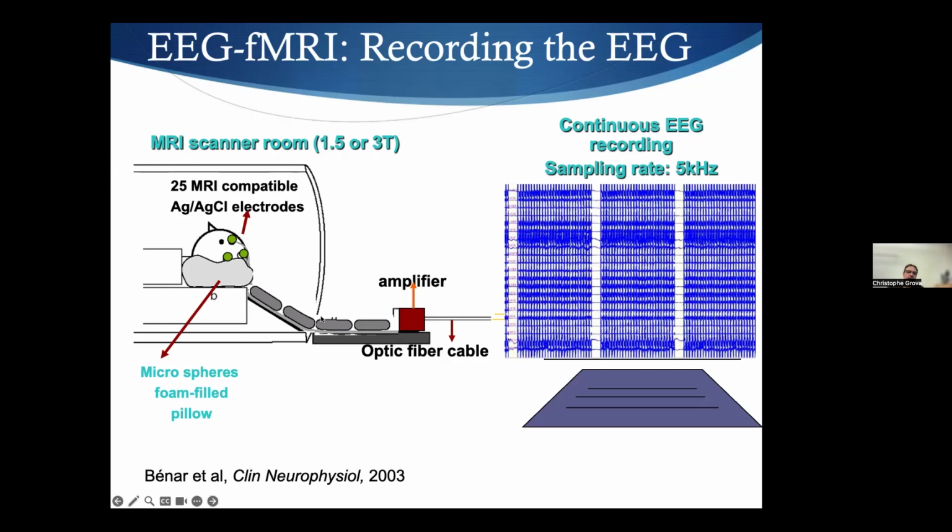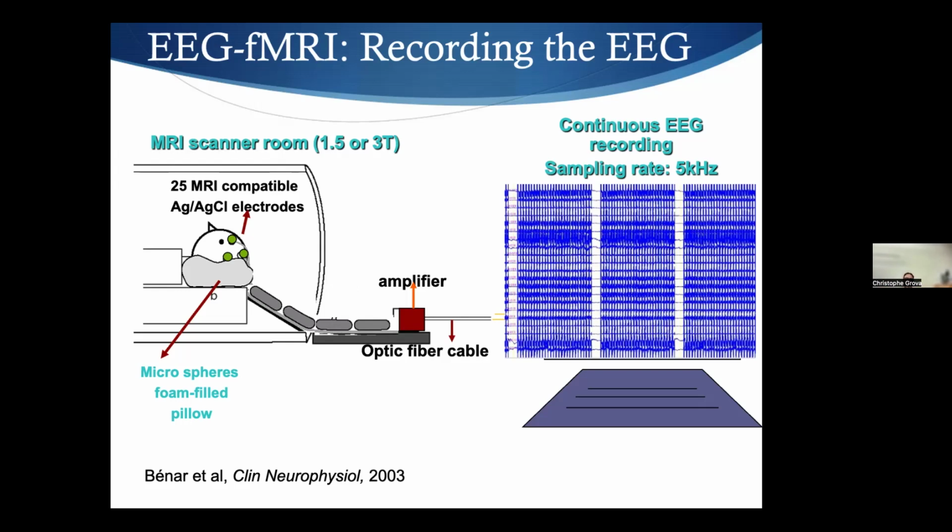So then what are those? They are not sausages, of course. These are sandbags. We put sandbags on the wire, again to limit the vibration. Limiting the vibration is going to limit the noise in your signal. You have the amplifier, usually just outside the tunnel. These are specific amplifiers that are shielded. You don't put any amplifier in the scanner; it has to be an MR compatible amplifier.